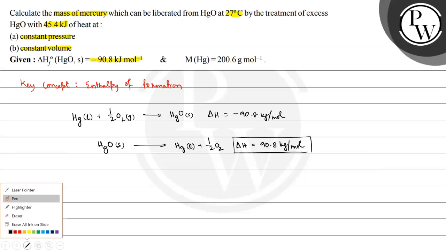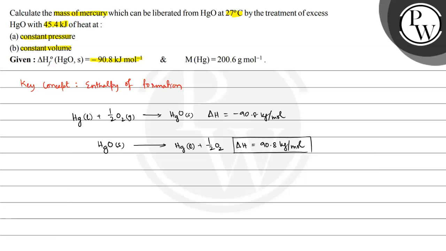at constant pressure and at constant volume. So at constant pressure, mass of mercury is equal to heat applied divided by the heat of reaction, that is delta H R multiplied by molar mass of mercury.